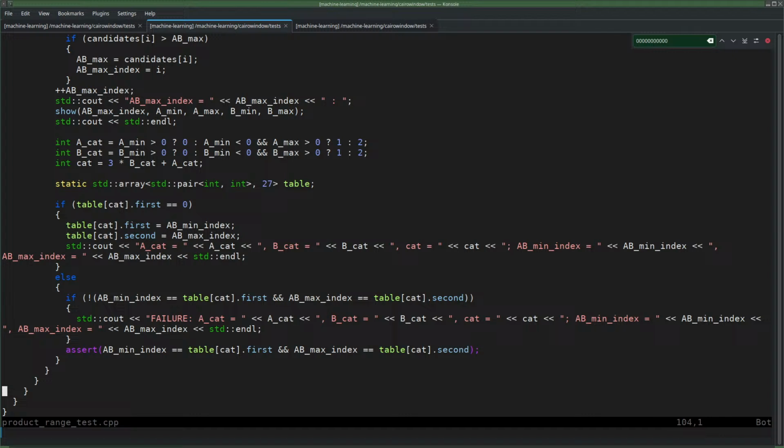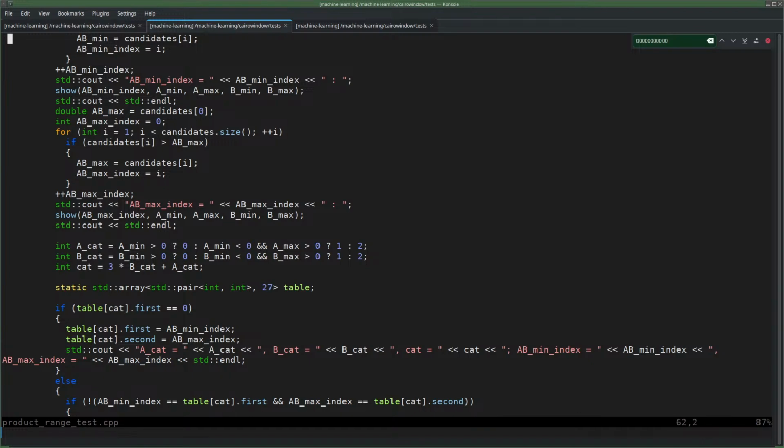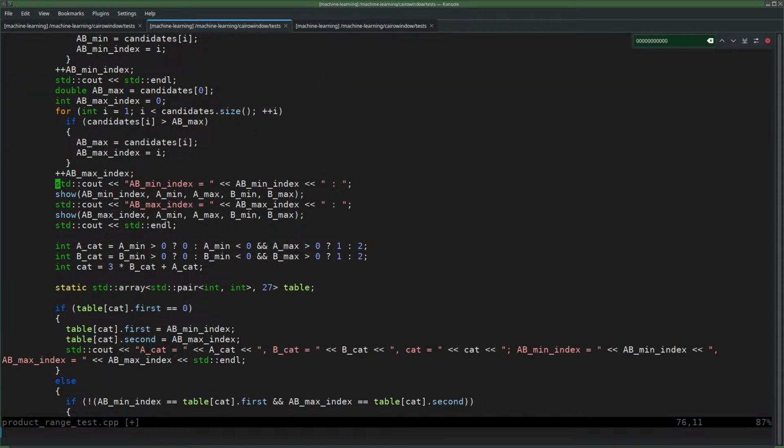And now we have too much output again. Probably I do want to see these two things. I might as well print this down here, and we might as well print all of that. Oops, I've got something.